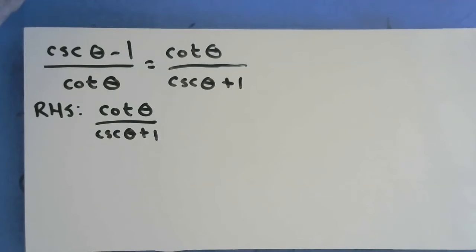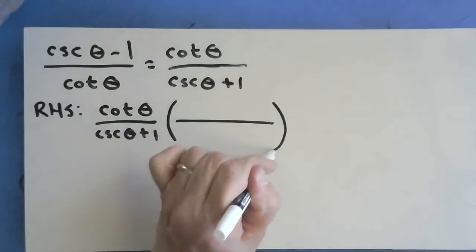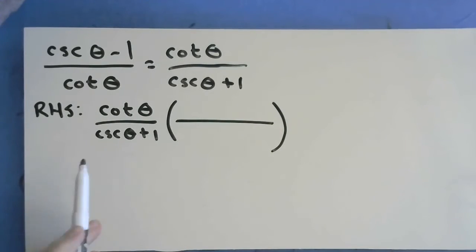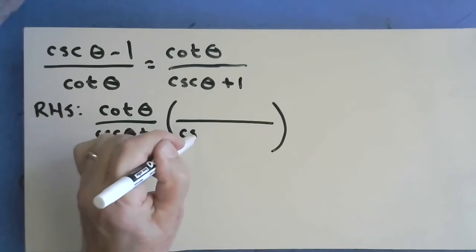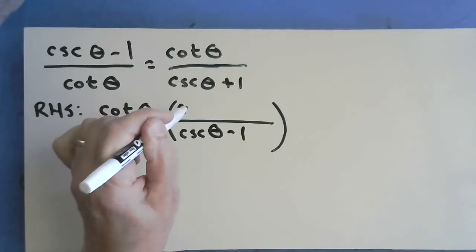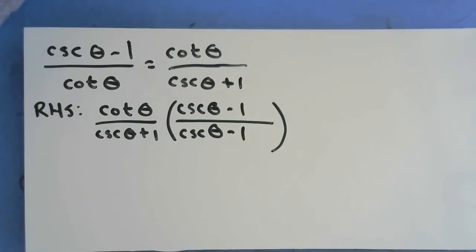So I'm going to multiply this whole thing by 1 in the special form of the conjugate of the denominator. So I'm going to multiply it by cosecant theta minus 1 over cosecant theta minus 1.